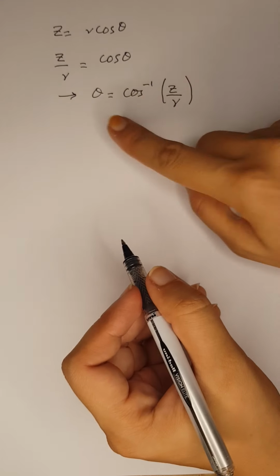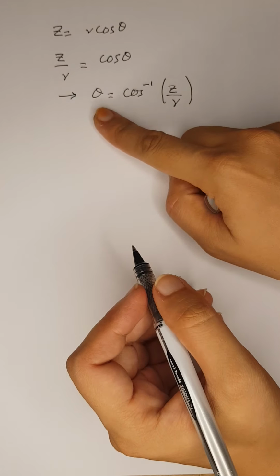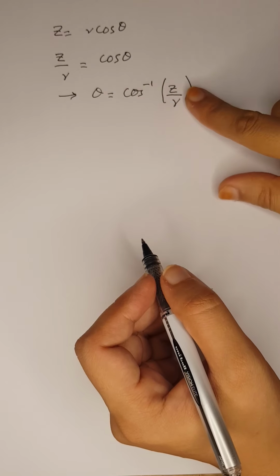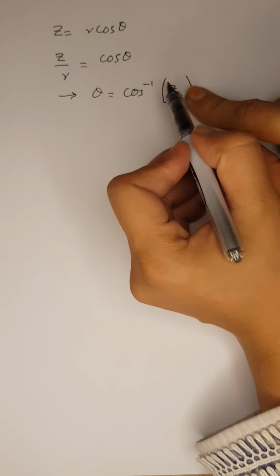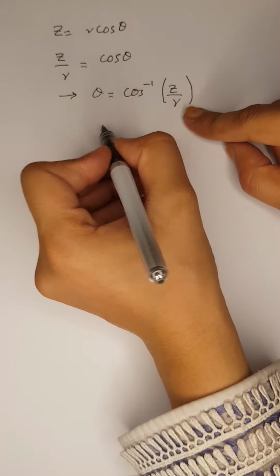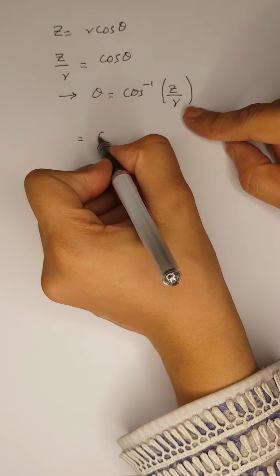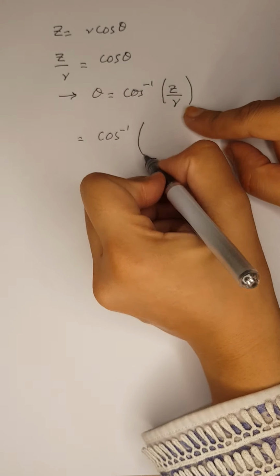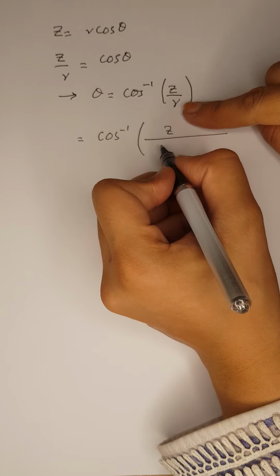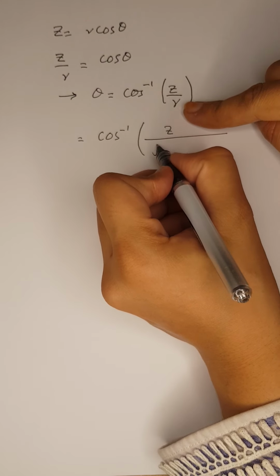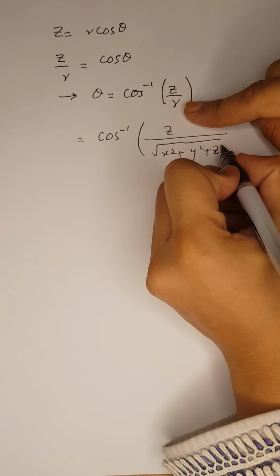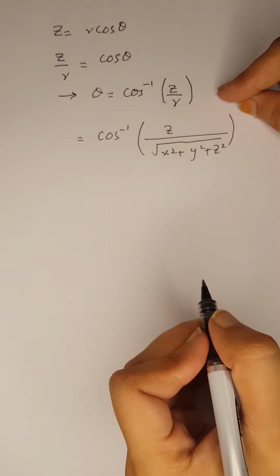This is the second component of the spherical coordinates that I have obtained, which links the z component of the Cartesian coordinates and the r component of the spherical coordinates. I can completely transform it into Cartesian coordinates by substituting the value of r, which is the square root of x square plus y square plus z square. Fine.